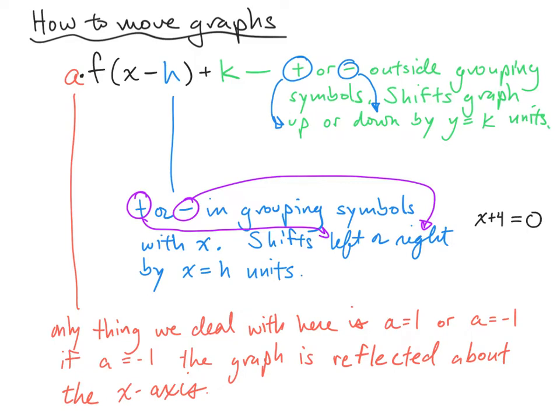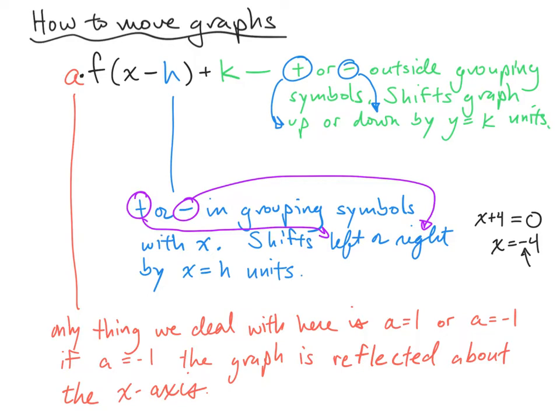So if you had x plus 4 in your grouping symbols, say you had f of x plus 4, and you wanted to tell me how is this graph going to move, you would have to set what is inside the grouping symbols equal to 0 and solve for x. This minus 4 then tells you would move left, even though we started with a plus sign in the beginning, in the grouping symbols. The plus sign in grouping symbols tells you to shift left. If you solve for x, it still tells you to shift left.